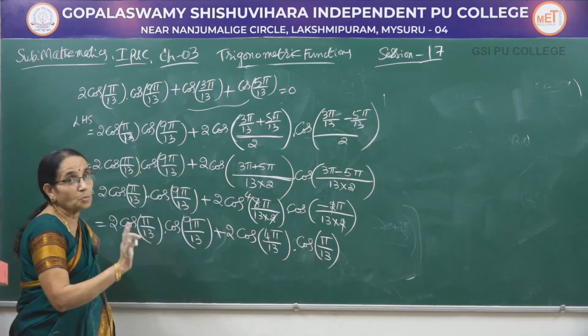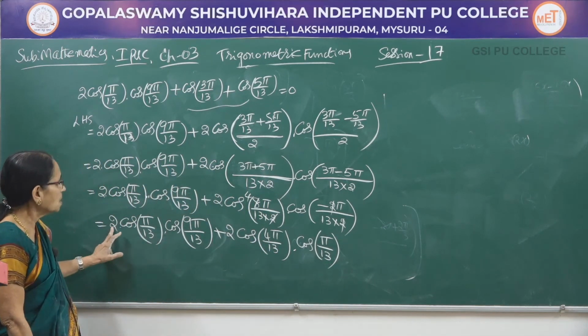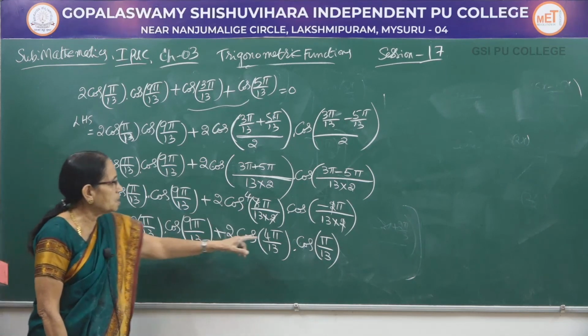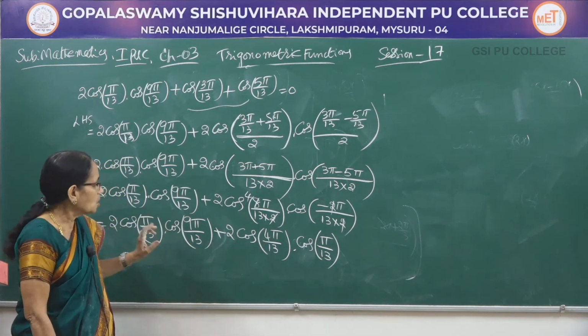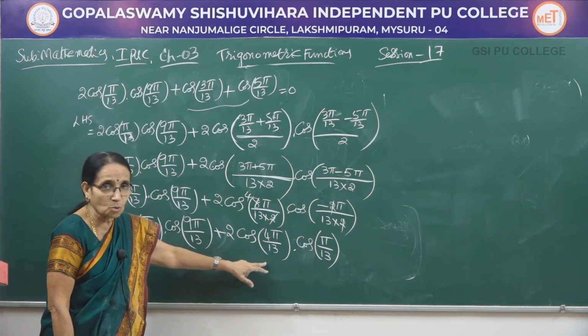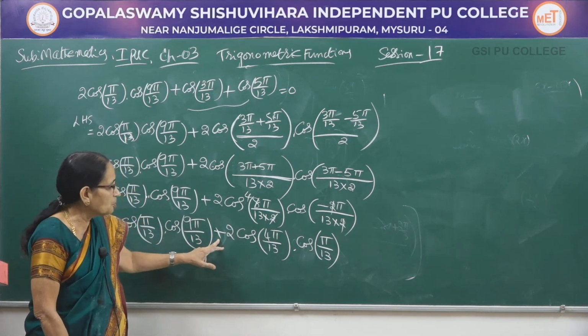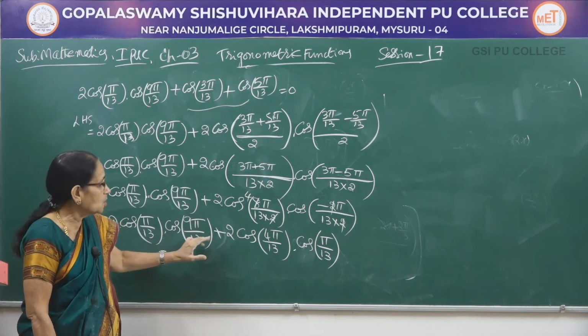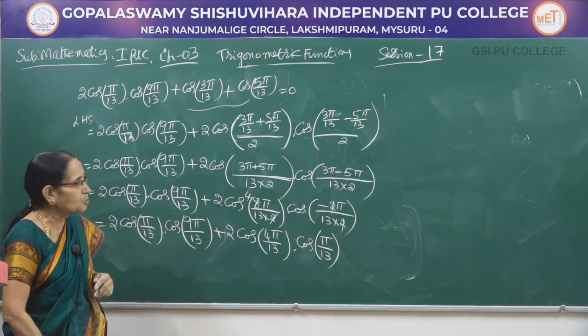See, our answer should be 0. Look here, 2 cos pi by 13, 2 cos pi by 13. Only this should be changed, either this should be changed or this should be changed. In the place of plus we should have minus. Then only we can do the cancellation of both the terms.